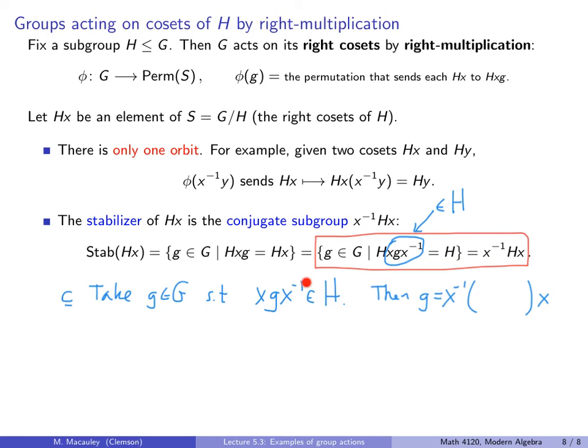Well, how about this? That's perfect. X G x inverse. And clearly this is equal to G. These cancel and those cancel. And clearly this is an element of x inverse hx. So that confirms that part.